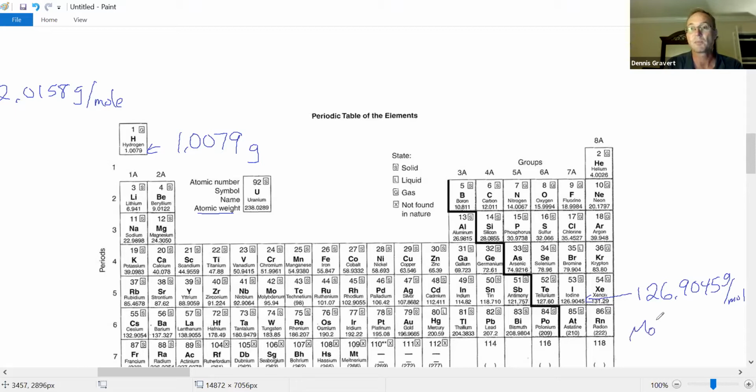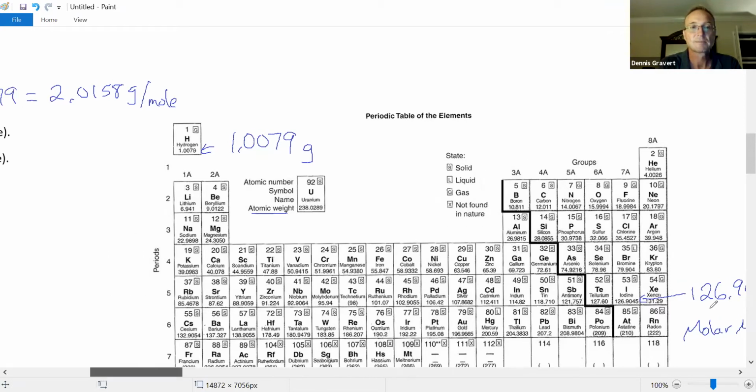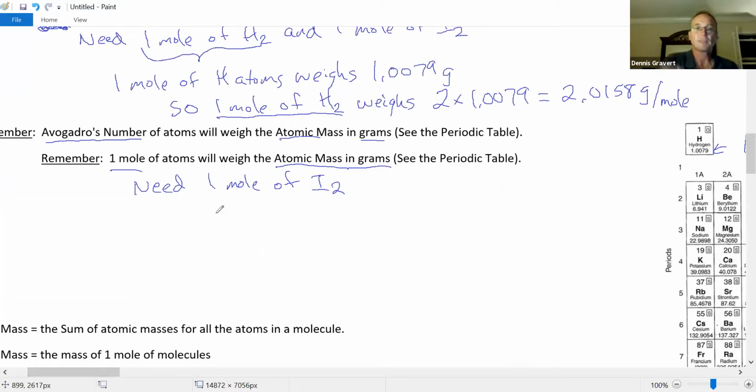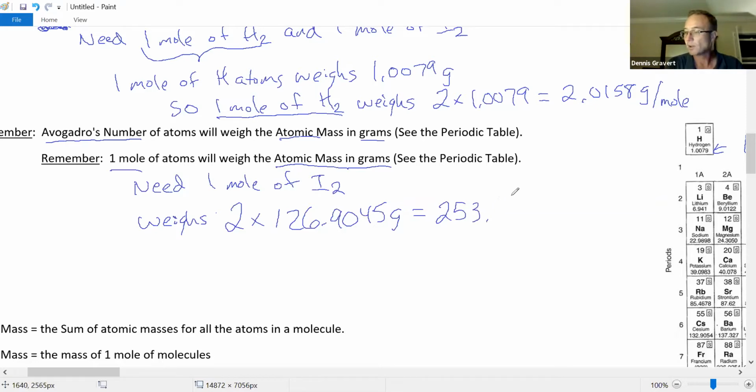That's the molar mass or atomic mass. So 1 mole of I2 weighs 2 times the weight of 1 iodine atom, 126.9045 grams. Multiply that together, and that's 253.8090. Wow, pretty heavy.